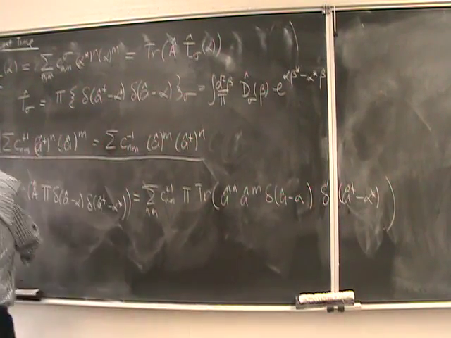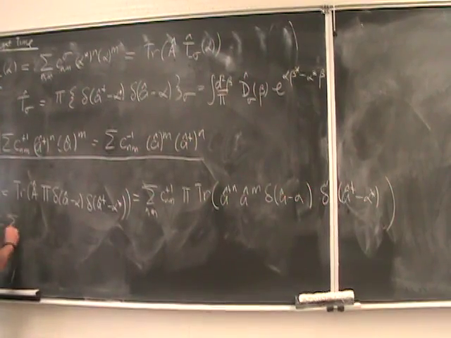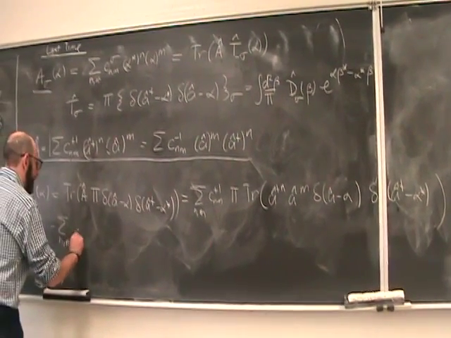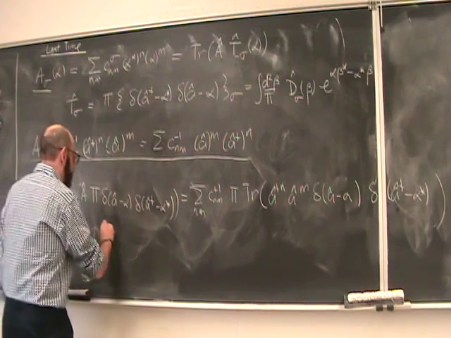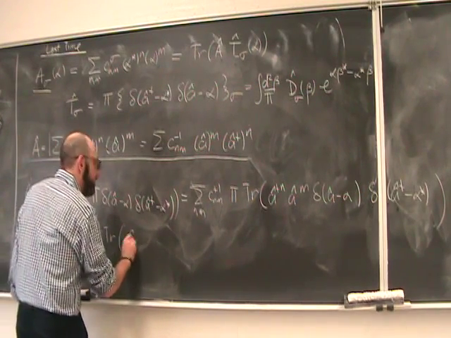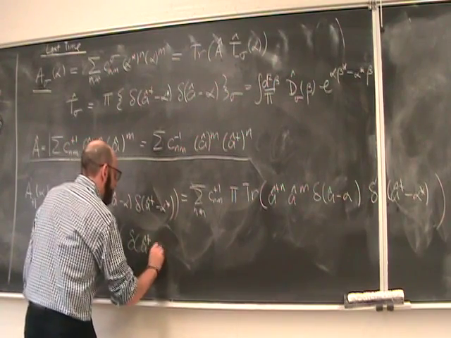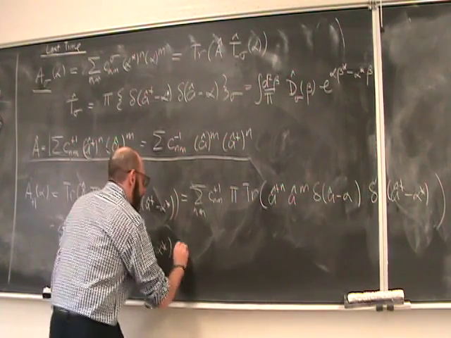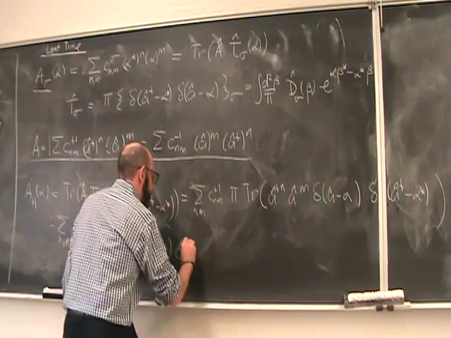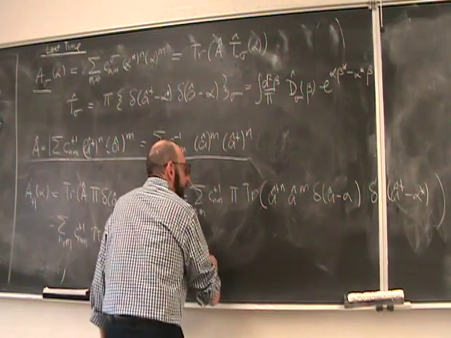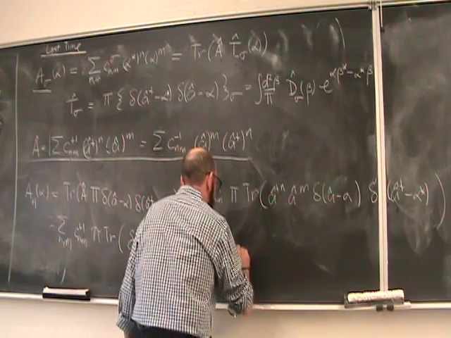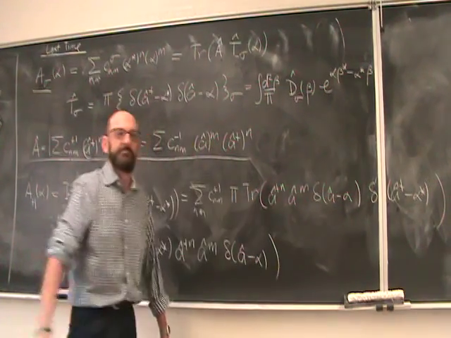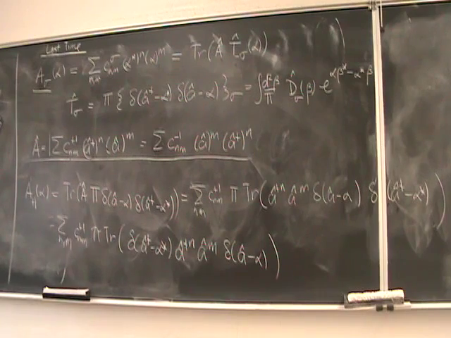So this is equal to the sum over nm, c_nm, plus 1 over pi, the trace of delta of A dagger minus alpha star, A dagger to the n, A to the m, delta function of A minus alpha. That's just cyclically commuting, which we're allowed to do.